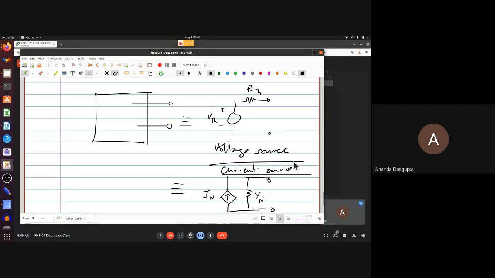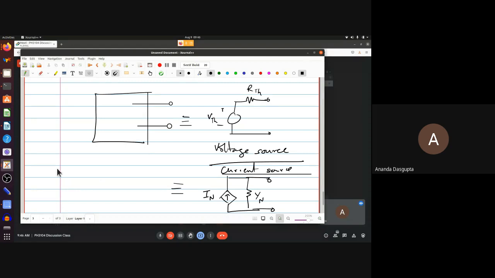When you say voltage source, you typically mean some batteries or some device which is supposed to produce a voltage. Maybe you have not met current sources yet, but you will when you get to the lab. Current sources are less common in daily life, but these two theorems actually seem to tell you that everything is a voltage source, everything is a current source. Then why is it that we only specifically talk about certain things as voltage sources or current sources?